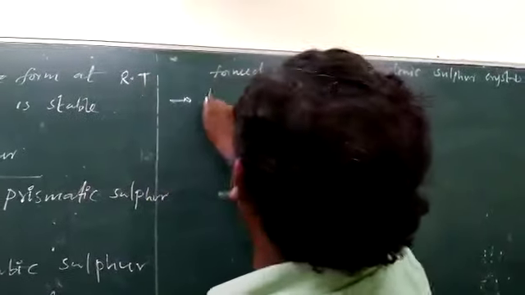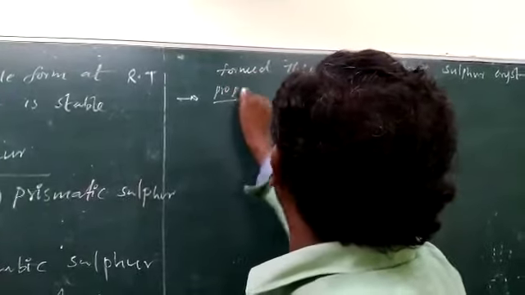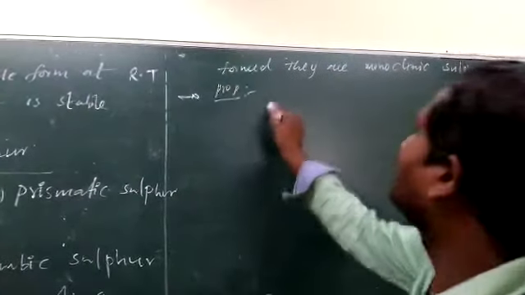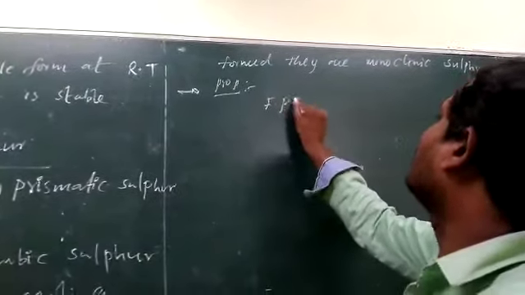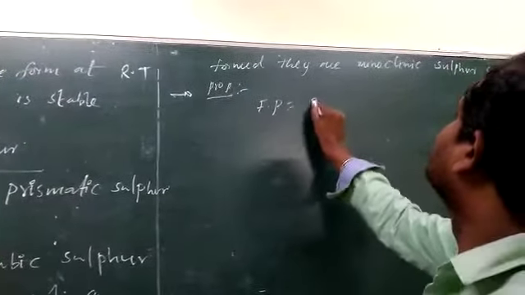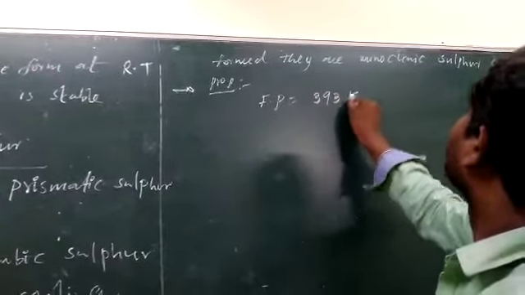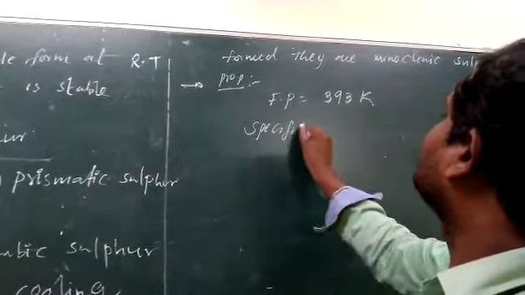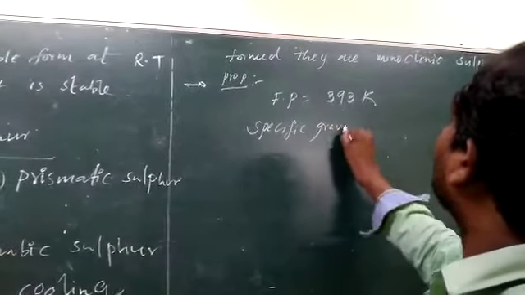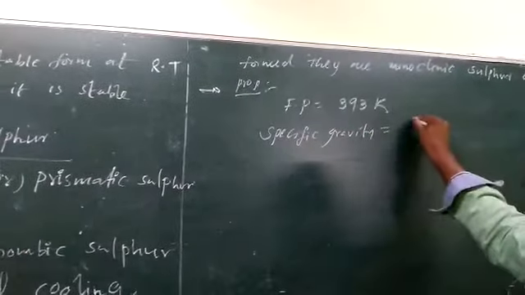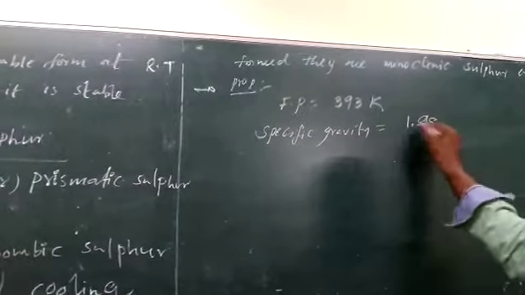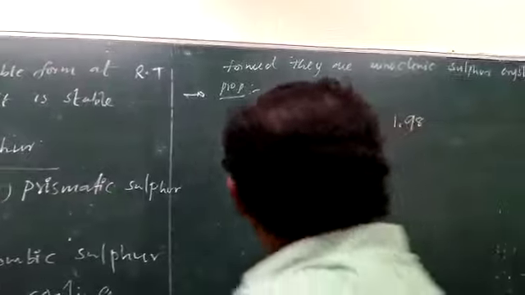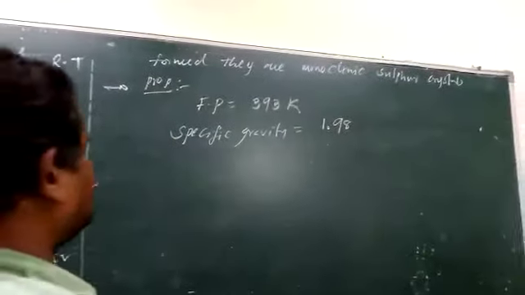You see properties, its freezing point or melting point. Freezing point is 393 Kelvin and specific gravity is 1.98 cc per ml.